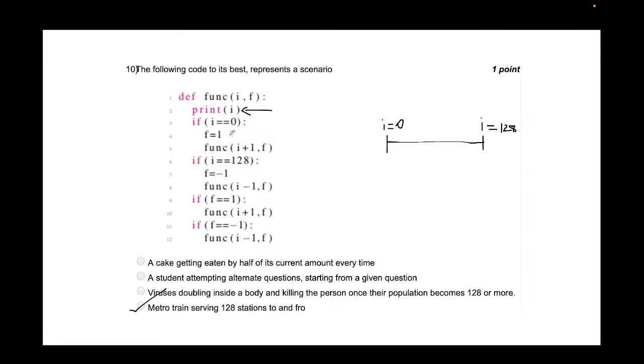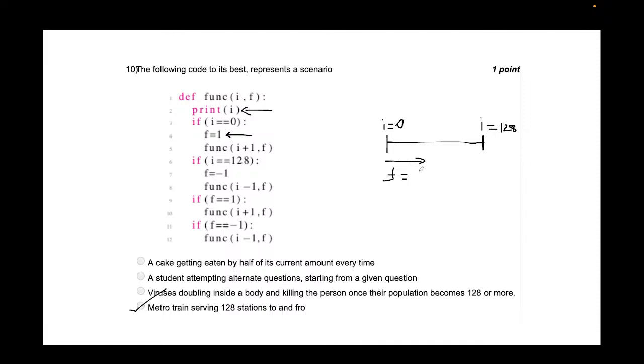So f is a flag variable that will decide whether the train will move backward or forward. If I is equal to 0, f is 1, so forward. Minus 1 means backward.